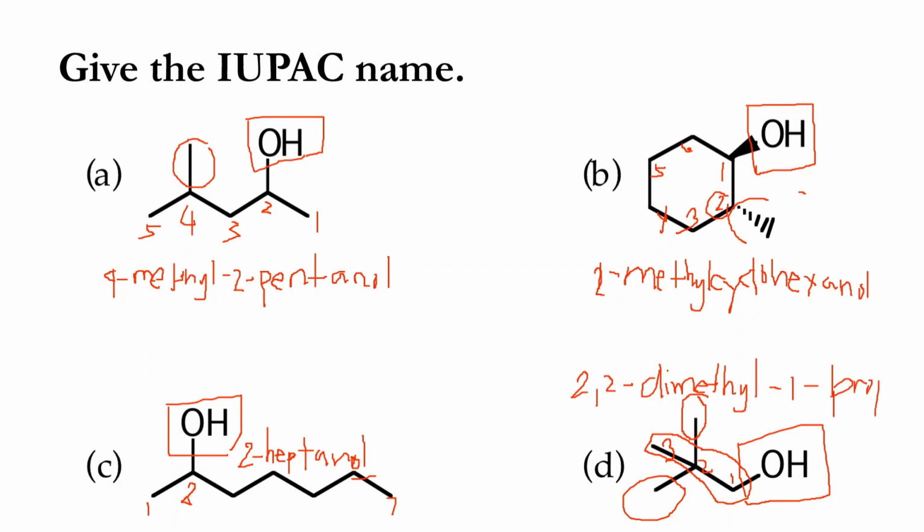But upon checking, there seems to be no other way to change. There's no way to change the position because that will make it a different alcohol, because the attachment to carbon 2 will be different if you change the position of OH. So for now, let's consider this as the correct name.